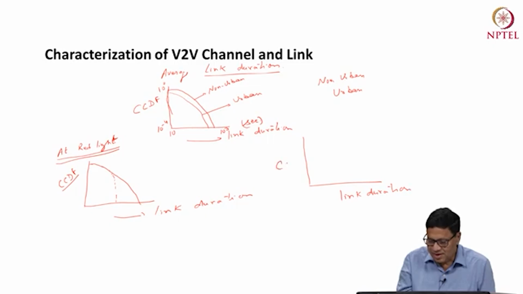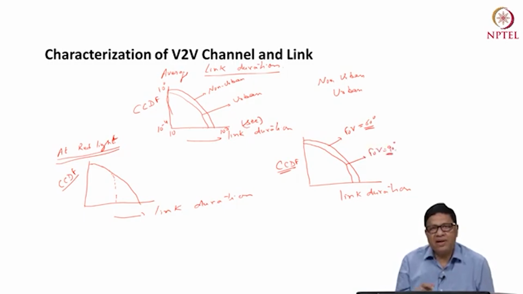Similarly, one can study by changing the FOV, field of view of the receiver, and plot the link duration versus CCDF for different fields of view. So for example, this FOV here is 60 degree. If I increase the FOV to 90 degree, the performance will go down a little. This is FOV equal to 90 degree.